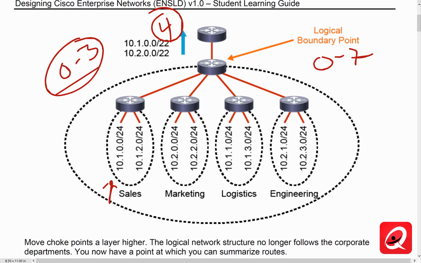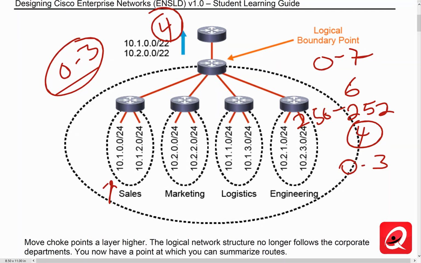So /22 is 6 bits, because 16 plus 6 is 22 in the third octet. 6 bits is a 252, right? 128, 192, 224, 240, 248, that's 5 bits. And then 252 is 6 bits. 256 minus 252 is 4.